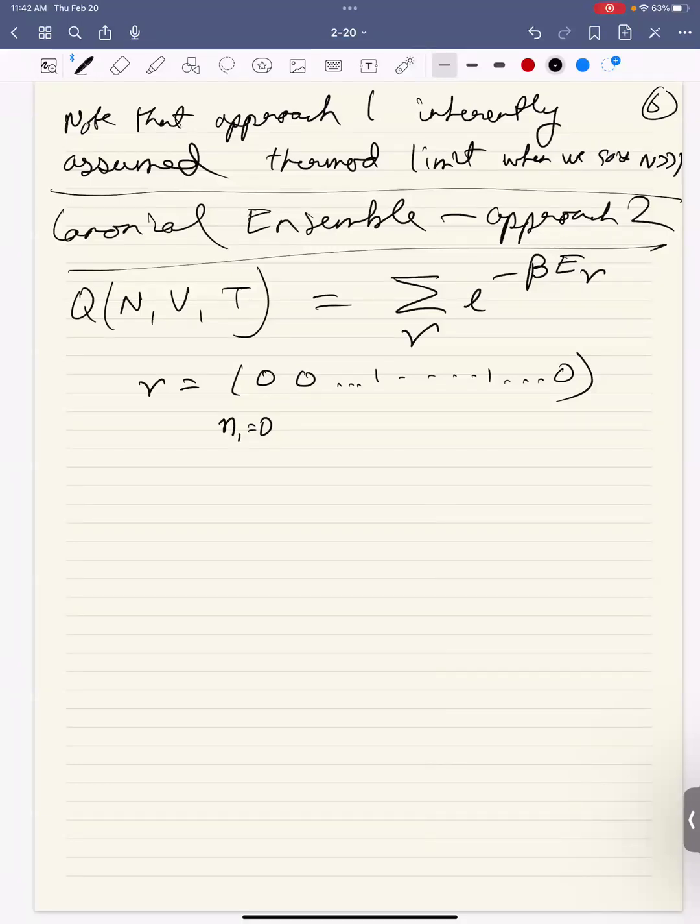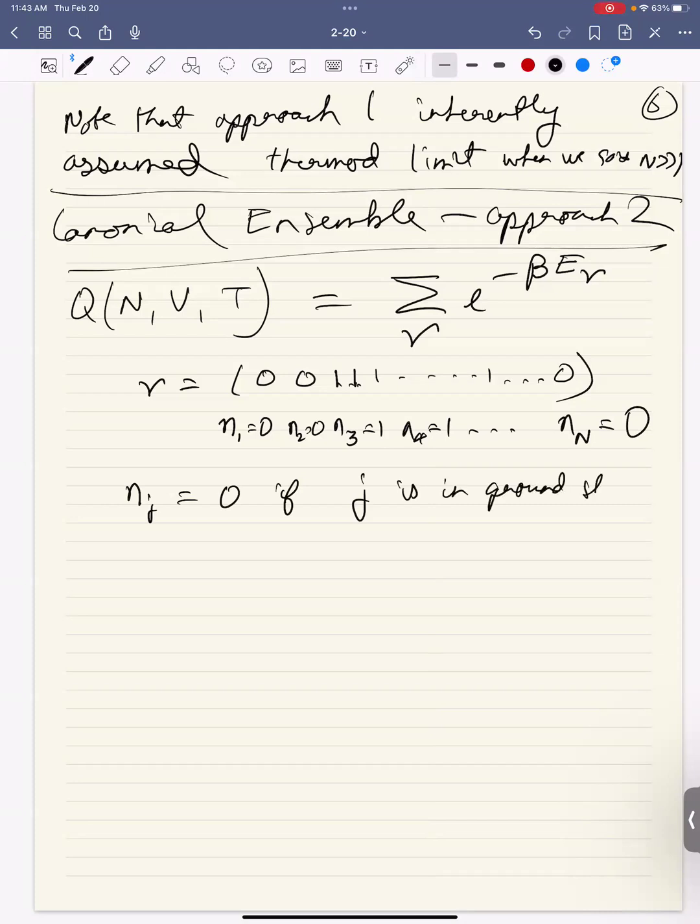In this case, n1 is equal to 0, n2 is equal to 0, n3 is equal to 1, n4 is equal to 1, ... n capital N is equal to 0. So I have just defined a number: nj is equal to 0 if j is in ground state, and nj is equal to 1 if j is in excited state.